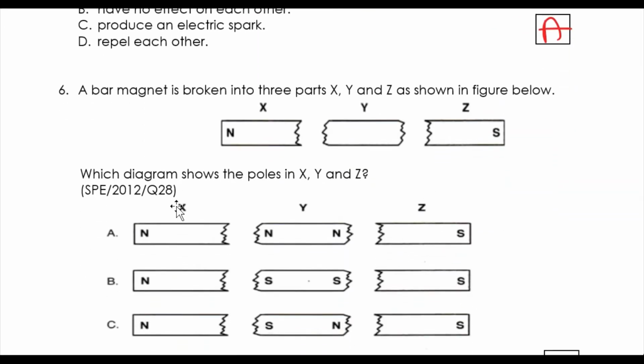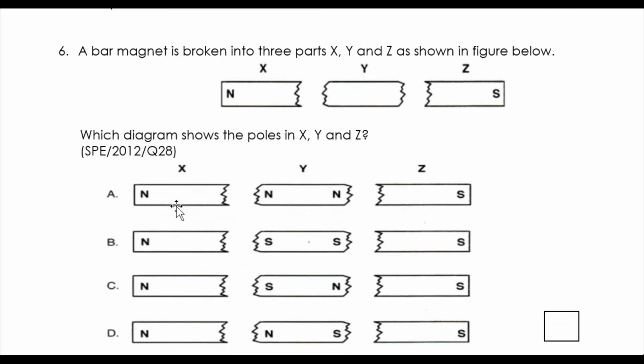A bar magnet is broken into 3 parts, X, Y, and Z. Which diagram shows the poles in X, Y, and Z? So here you have the north pole and that's the south pole. So Y is here. So what should this be?